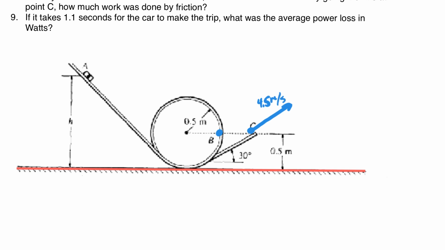At this point, the car's traveling at 4.5 meters per second. At this point, it was traveling at 3.2 meters per second. And at this point, it was traveling at 5.5 meters per second. That's just all the information we got from what we did earlier. All good?